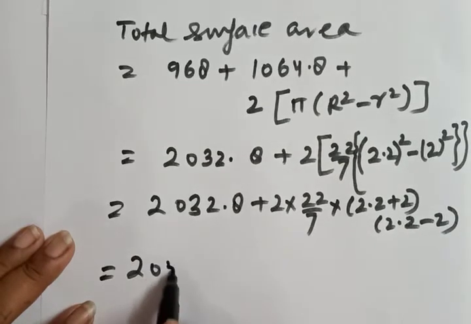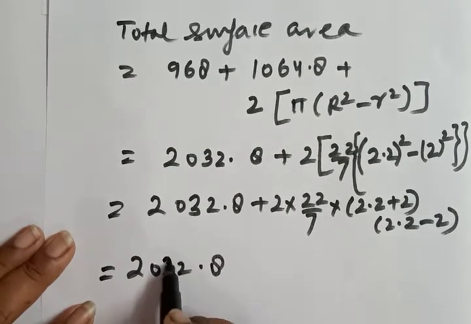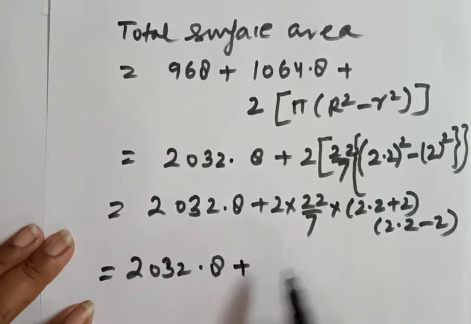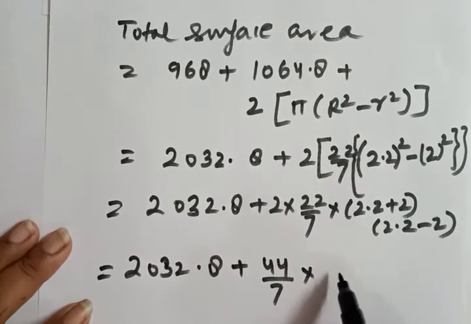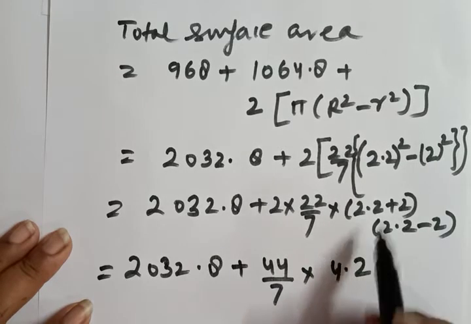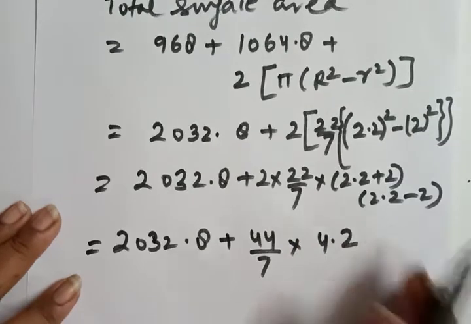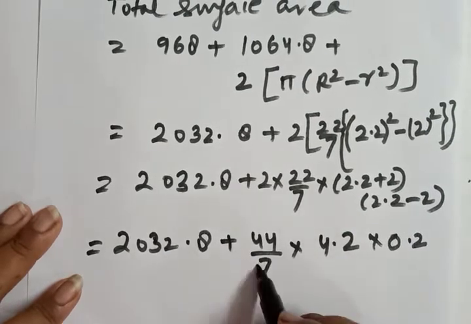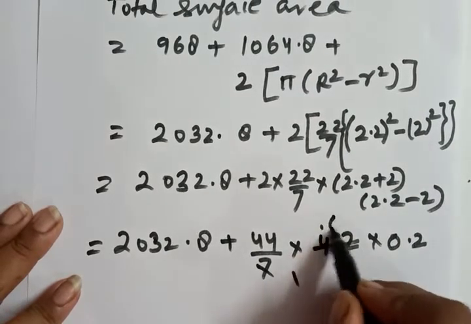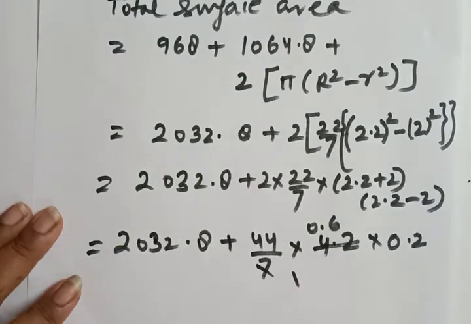So 2032.8 plus 44 upon 7 into, that will equal to 4.2, 2.2 plus 2, into 0.2. And 7 into 6 is 42, because it is in the decimal, so 7 into 0.6 is equal to 4.2.